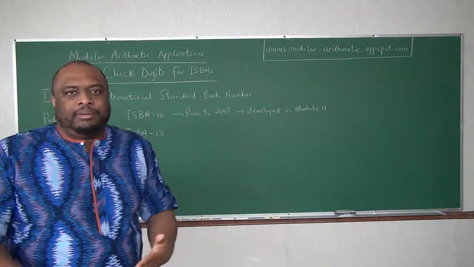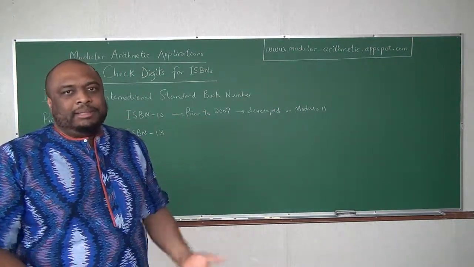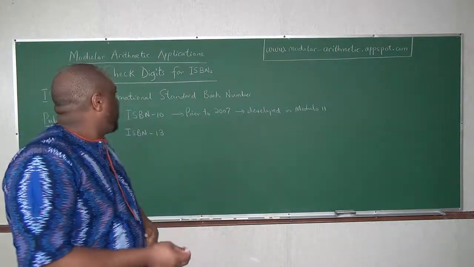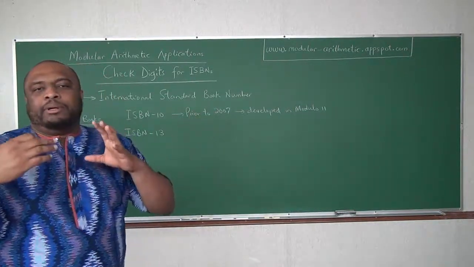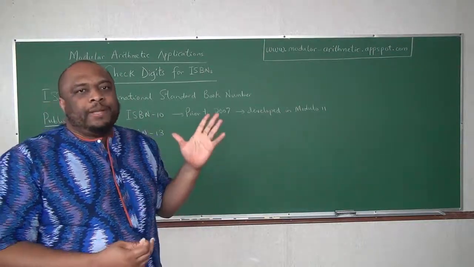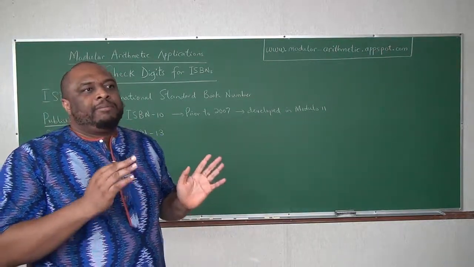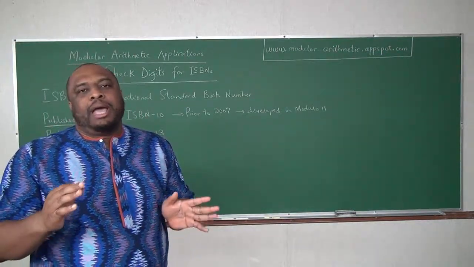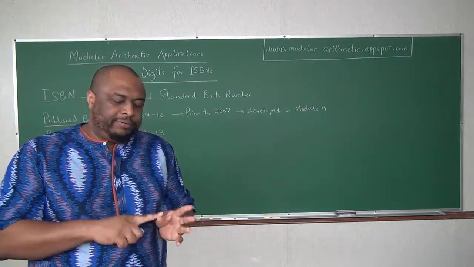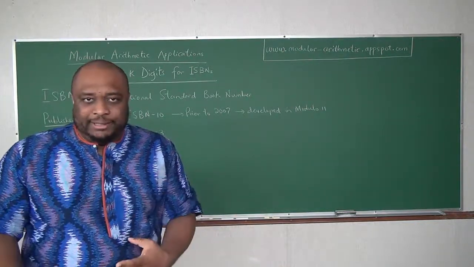So it is my assumption that you know Modulo 11, the numbers that are allowed are 0 to 10. So prior to 2007, it was ISBN-10, developed in Modulo 11, which means from 0 to 10 allowed. 0, 1, 2, 3, 4, 5, 6, 7, 8, 9, 10 are the numbers allowed in Mod 11.